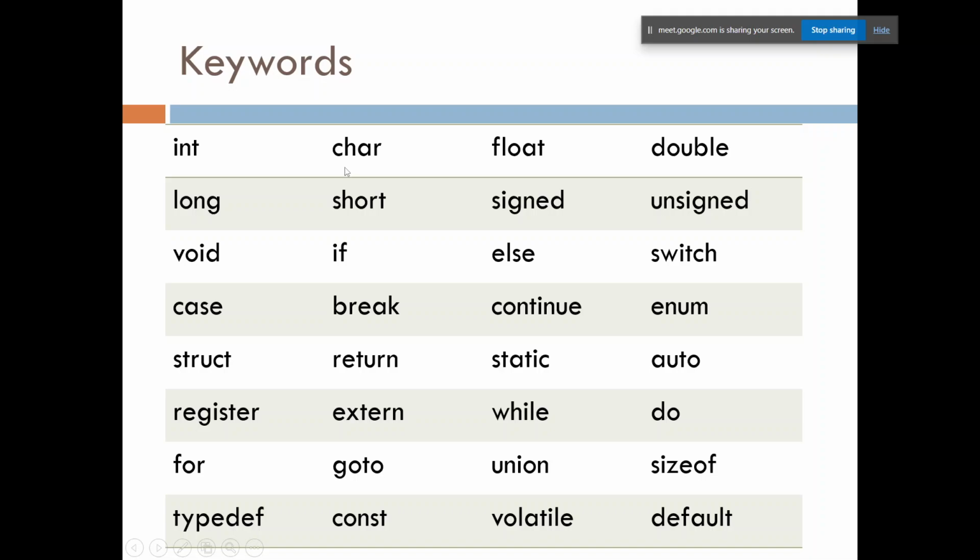Or if you want to represent a group of characters, we can use char with a size. You need to mention how many characters you want it to store. Coming to float, it is for floating point values, where you have numbers with decimal places. If you want to store more capacity of decimal places, we go for double.